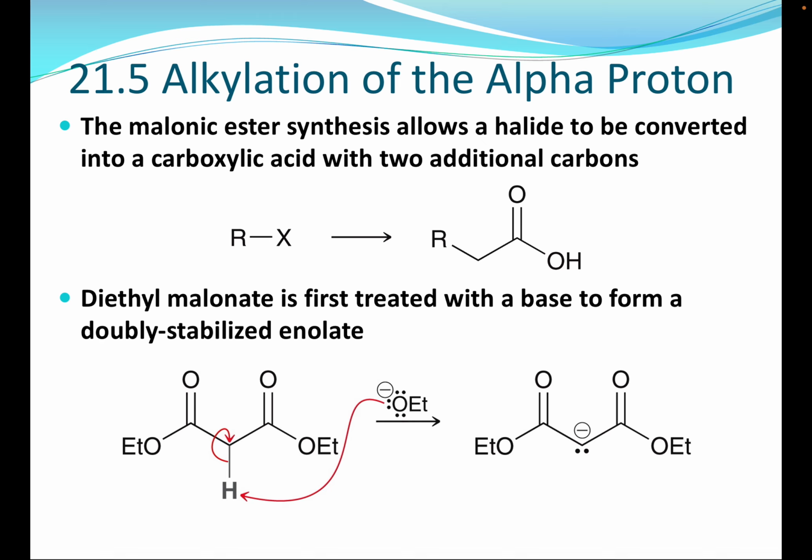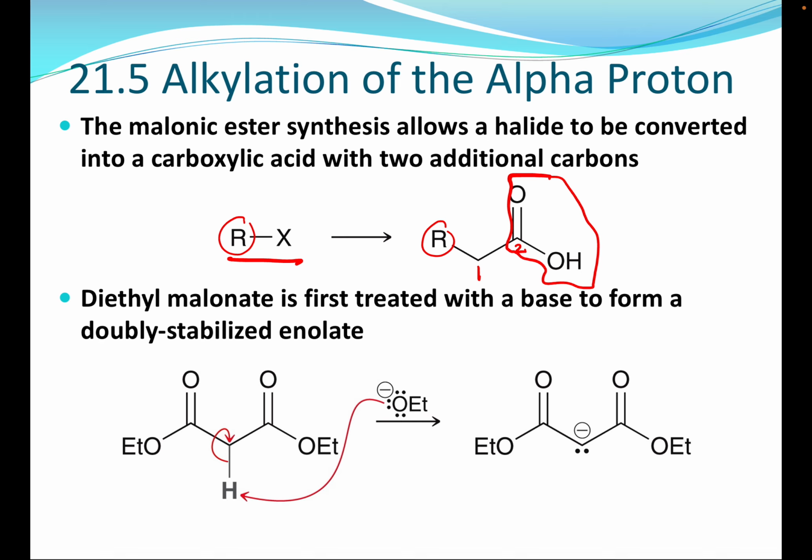Effectively, if you're trying to think of patterns to keep all of these different reactions straight, the malonic ester allows us to go from an alkyl halide to a carboxylic acid functional group that has 2 extra carbons. So here's our R that used to be in the alkyl halide, and then we have 2 more carbons on that final carboxylic acid product. Malonic ester synthesis starts with diethyl malonate.